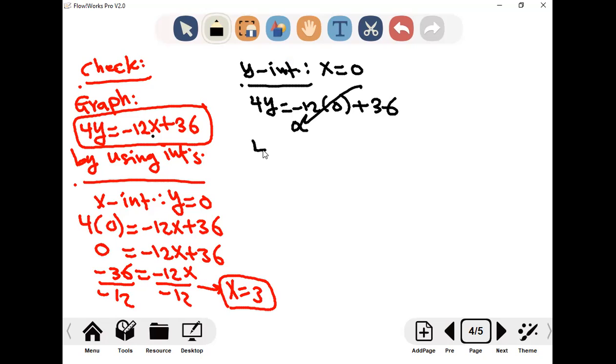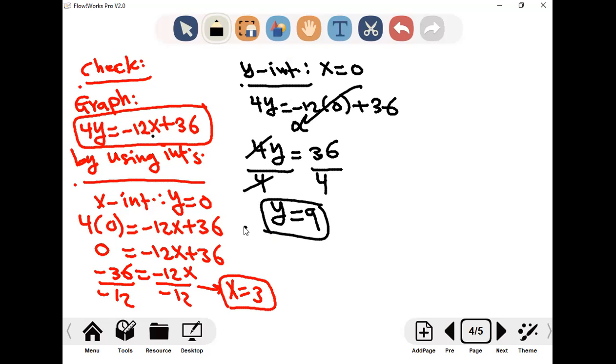So 4y equal what? 36, dividing by 4, y is 9. Now I have the x-intercept and the y-intercept. In your book they wrote for you x-intercept, put 3, y-intercept, put 9. We are ready to graph.